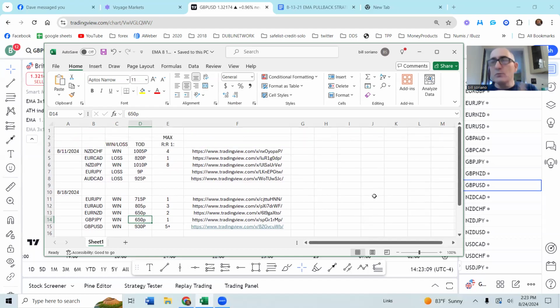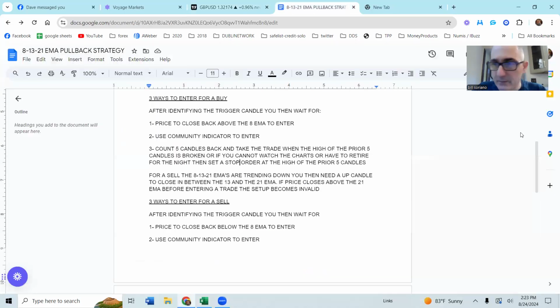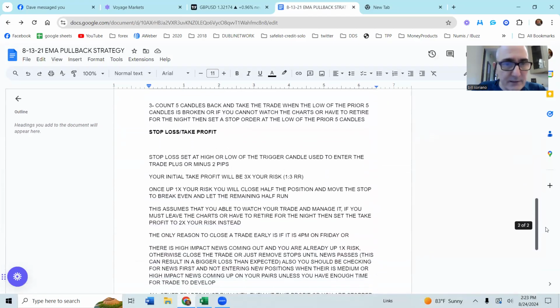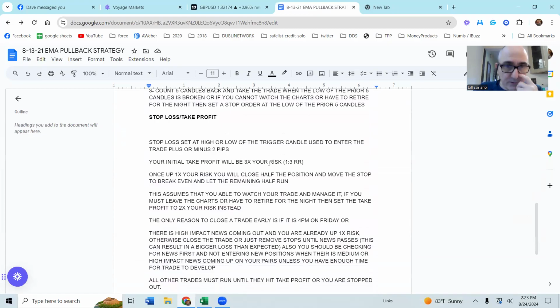The reason your risk to reward will vary on each trade is this. When we enter a trade, we set our stop loss at the high or low of the trigger candle. It's the low of the trigger candle for a buy minus 2 pips, and the high of the trigger candle for a sell plus 2 pips.